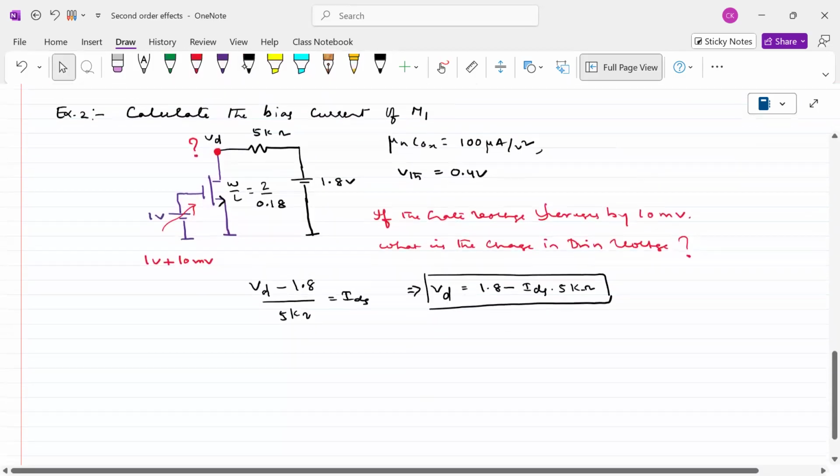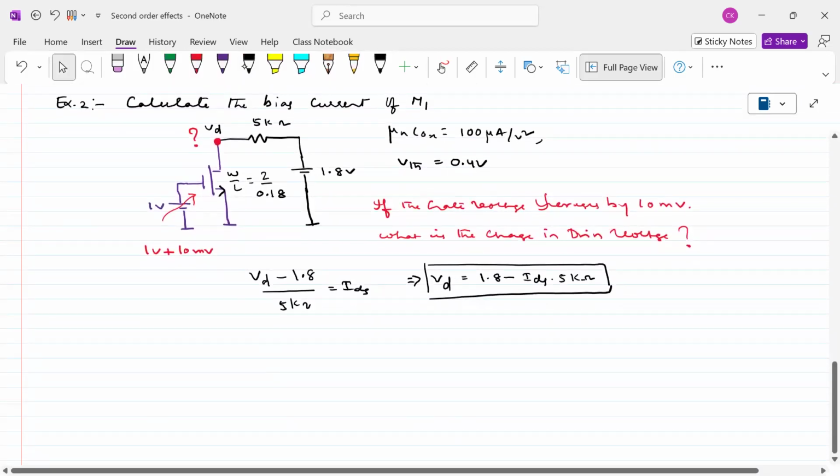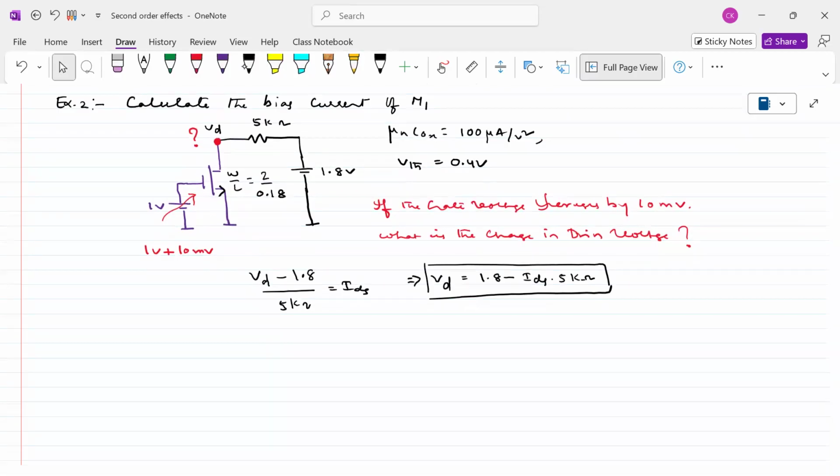So as we know very well, the transistor is said to be in saturation. Where is the plus? Okay, 1.8 is there. This should not be plus. Where is the potential flow, where the current is flowing here? This is the wrong thing that I have done. So this is how the current is flowing, right? So if the current is flowing this way, it should be plus. Or I can say this is not the way actually.